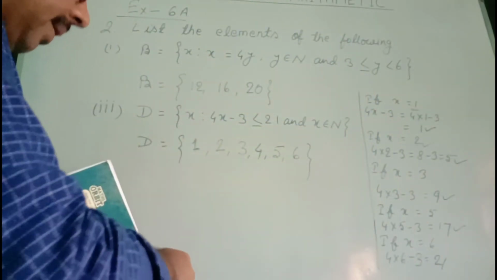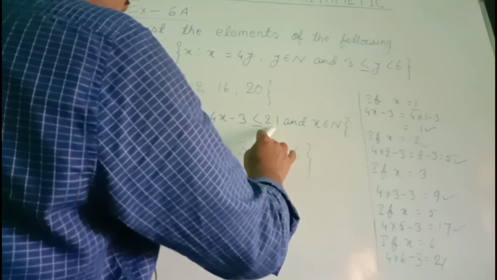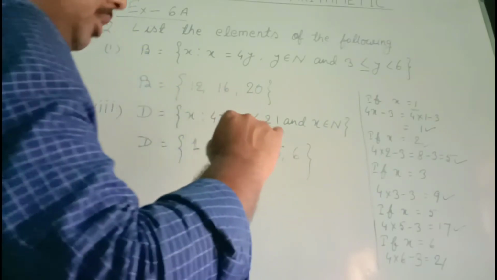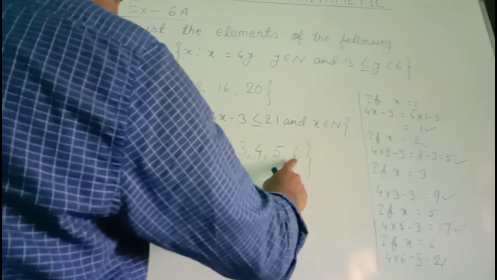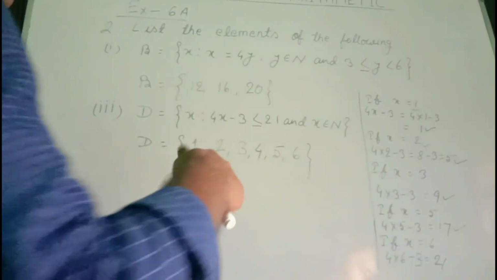These are the values of x which, after keeping in this equation, give a result smaller than or equal to 21. These values are 1, 2, 3, 4, 5, 6. Keep in mind, in rough calculation I had not taken 4, but 4 is also an element.